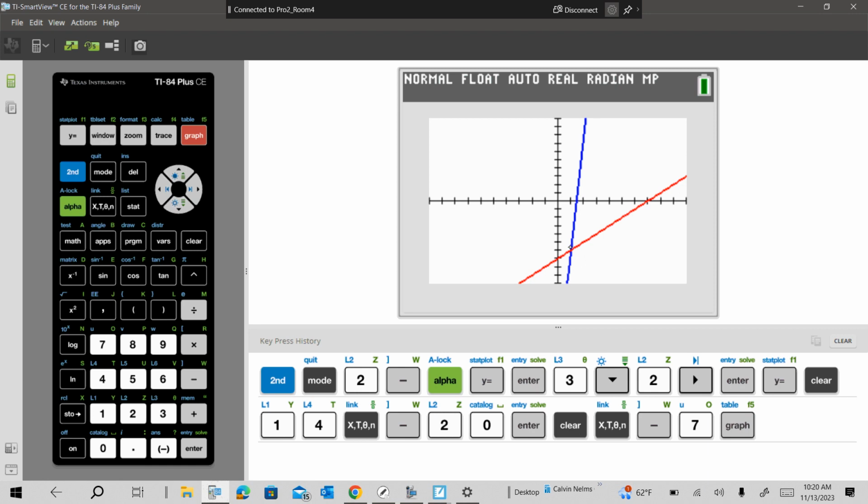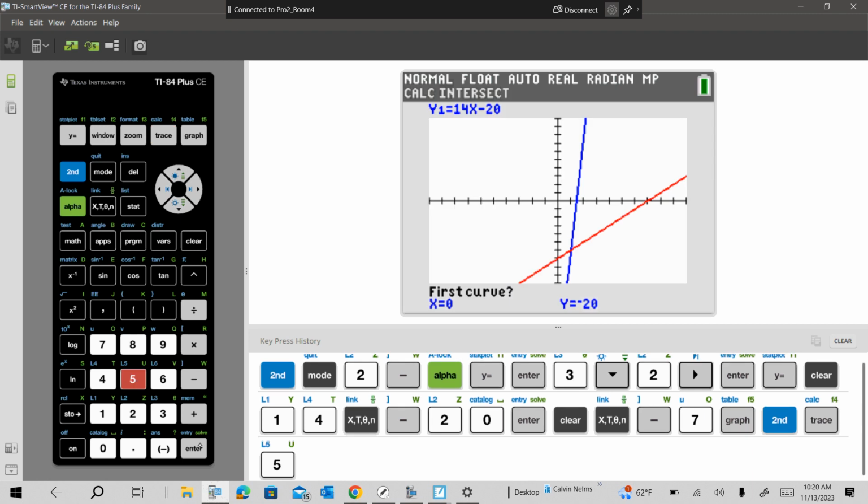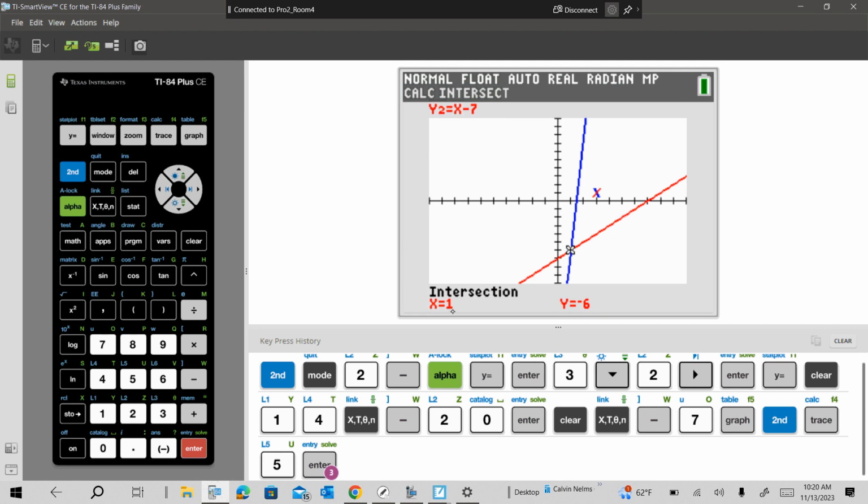We see that intersection right there, you can maybe read it off the graph. Or you have second trace, hit 5 for intersection, and hit enter 3 times. And then you should see the word intersection at the bottom of the screen. This was at 1, negative 6. This question asked for, I think, only the x value, so we're just picking the x value for that.